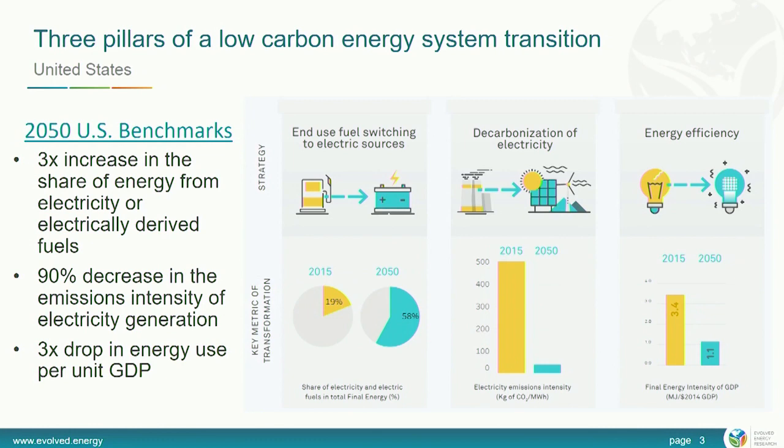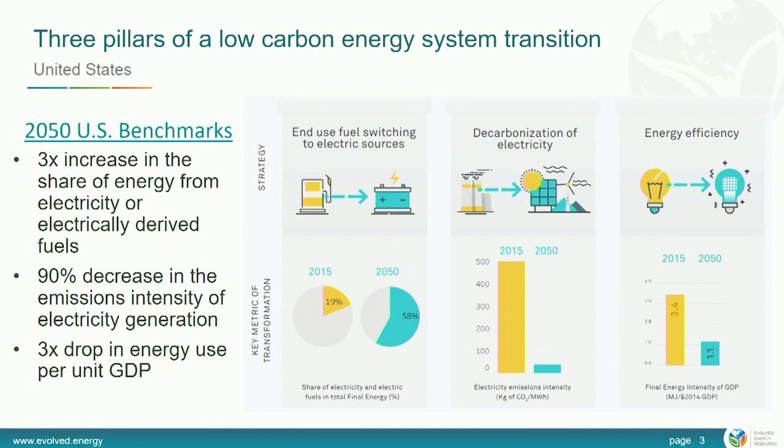Here are some benchmarks for a low carbon energy system transition. This is what we call the 3 pillars. The 3 pillars are kind of the most robust result of energy system decarbonization analysis kind of in the world. So if you do a decarbonization analysis in China, India, Britain, France, the US, anywhere, it's going to have these components of decarbonization.